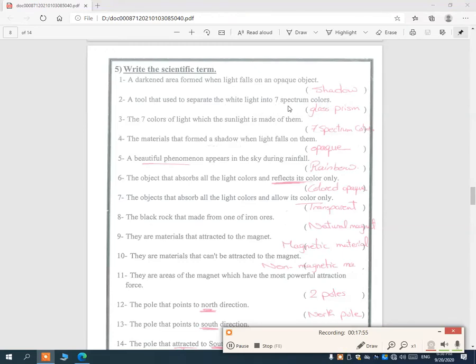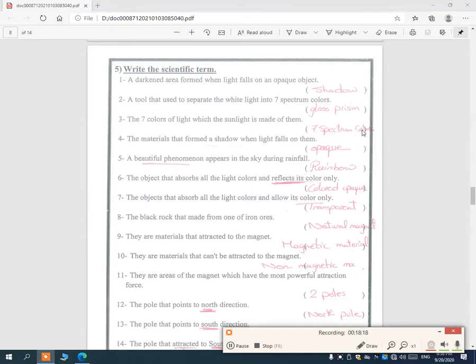Glass prism. Number 3: What are the names of the 7 colors the sunlight is made of?